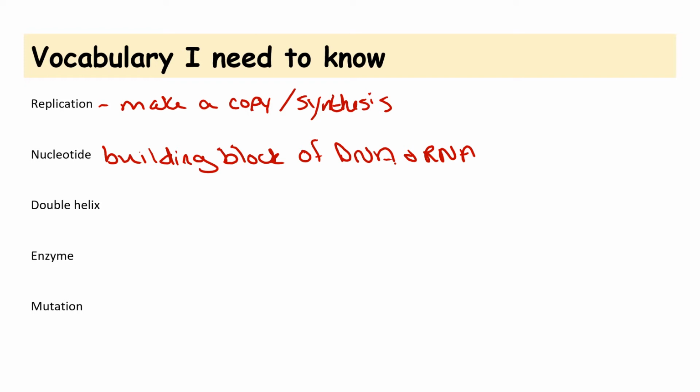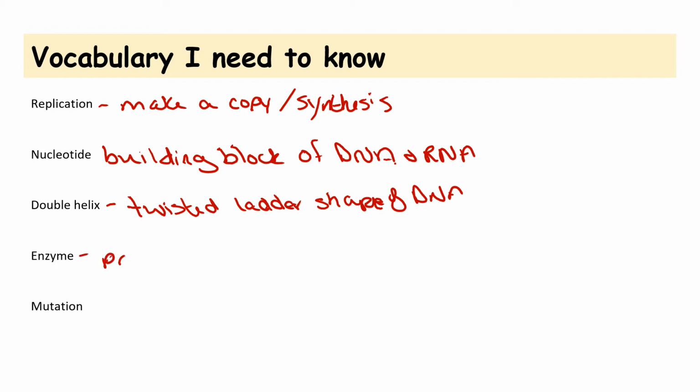Double helix is the twisted ladder shape of the DNA. Okay, an enzyme is a protein that helps reactions occur.